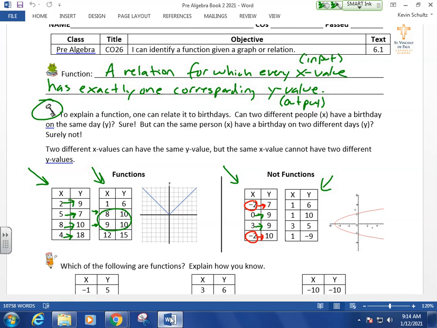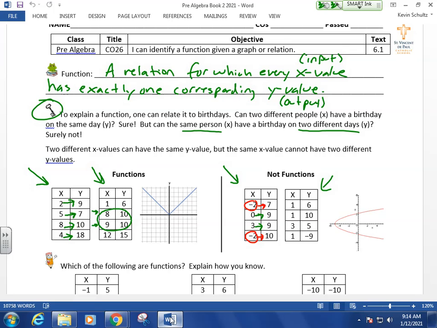But it doesn't happen for the same person to have a birthday on 2 different days. As awesome as that would be to get presents more than once a year for your birthday, that's not how it works. You're born on one day, right? So if you're person -2, you can't be born on both day 7 and day 10. It doesn't work like that.